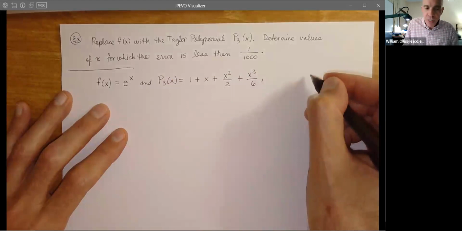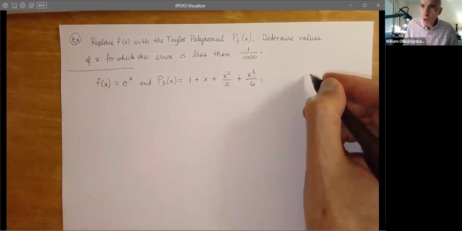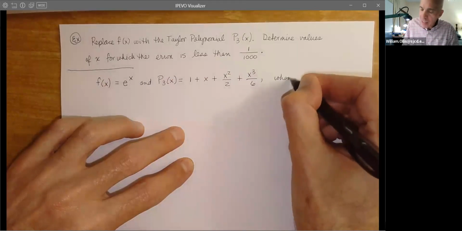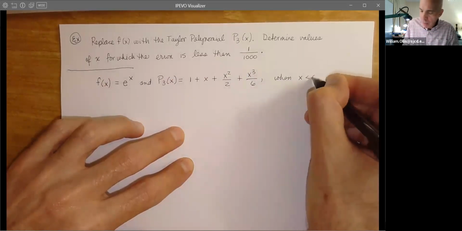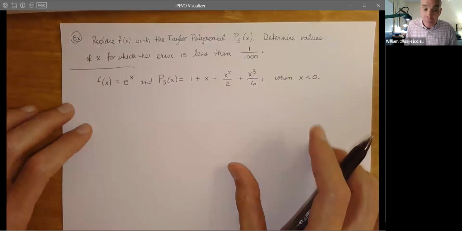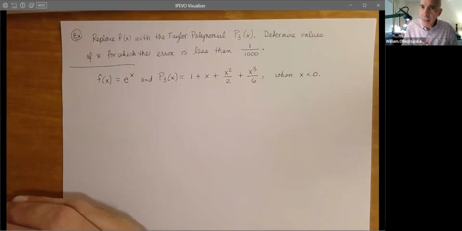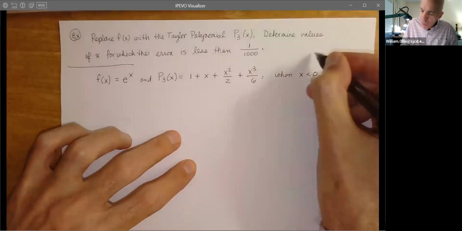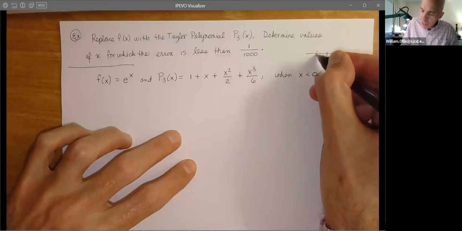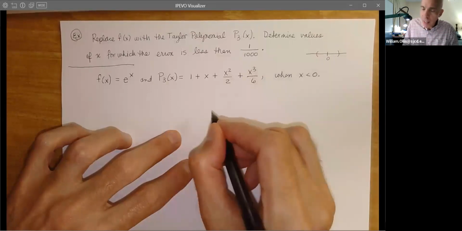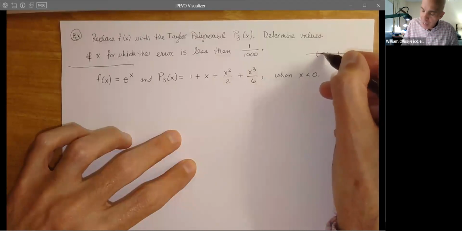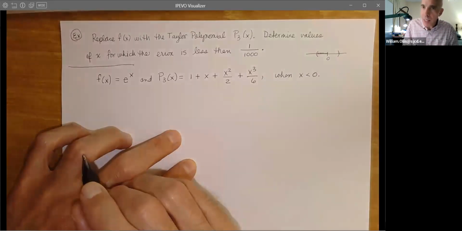Now, here's a little quirk here. When x is less than 0, okay, so you're going to make us work a little harder. So the idea is we've got 0 here, and we'll probably develop an interval like here, but our approximation is only going to be valuable for the points there less than 0.